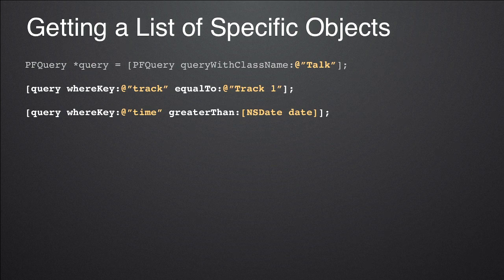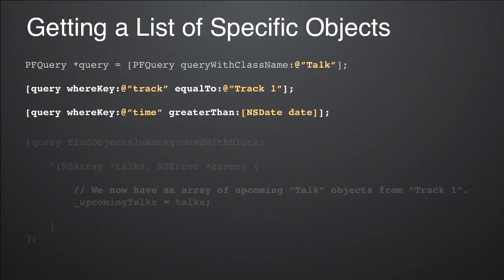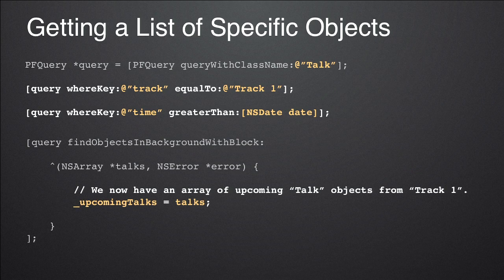What I do is I use a where key equal to constraint over the track column, as well as a where key greater than constraint over the date column or the time column. And fetching these objects works the same way. Find objects in background. Now you have the specific talks that are going to happen in this room today.